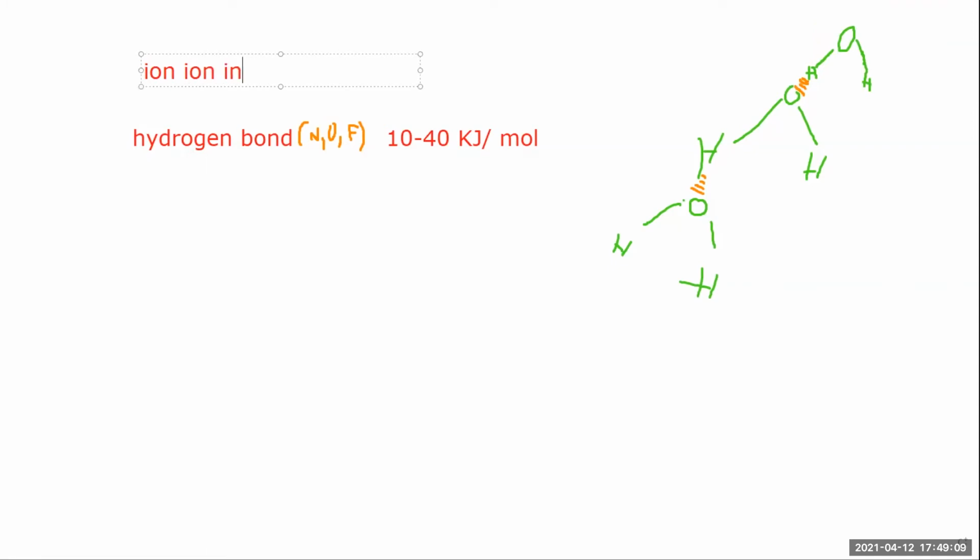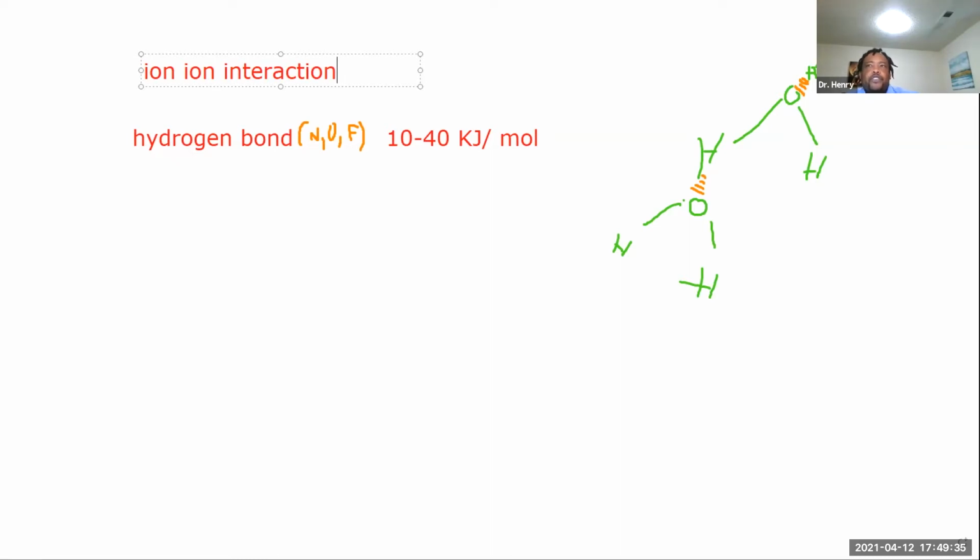So the 10 to 40 kilojoules you said is per hydrogen bond. Yes. I'm a little bit confused about how it's per hydrogen bond, but it's also kilojoules per mole. Well, it's okay. My apologies. Let me explain this. It's making reference to the amount of joules for a mole. You're right, it's moles of hydrogen bonds.